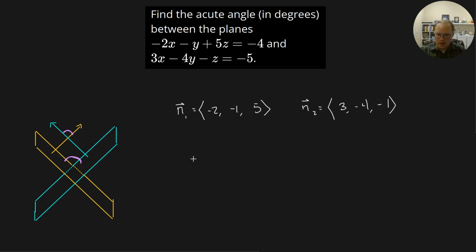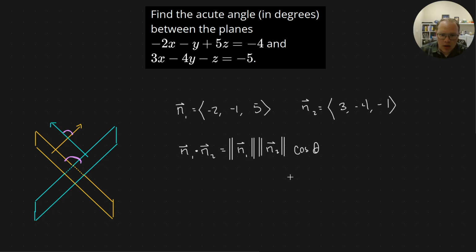And I know that the dot product of the normal vectors will be equal to the norms of the normal vectors times cosine of the angle between them. And it's that theta that I want, that angle between them.